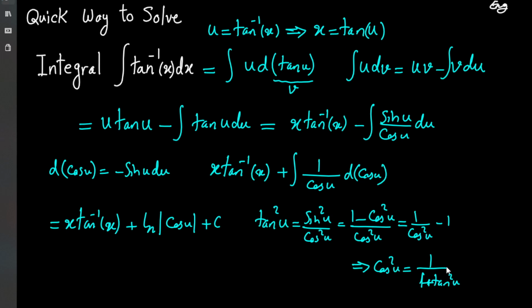So what I can say here, maybe I just make it a little bit better written here. So what we have is 1 plus tangent squared u, which is effectively from what we have here, 1 over 1 plus x squared.